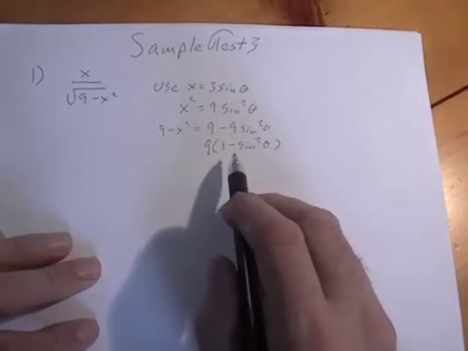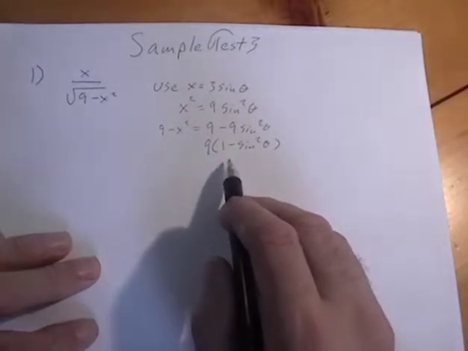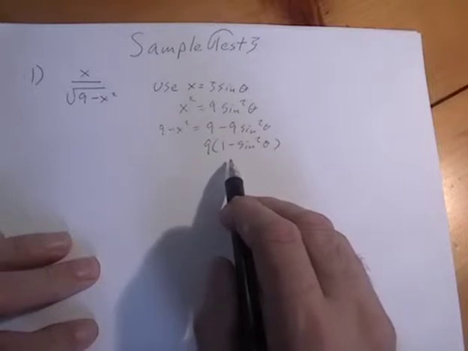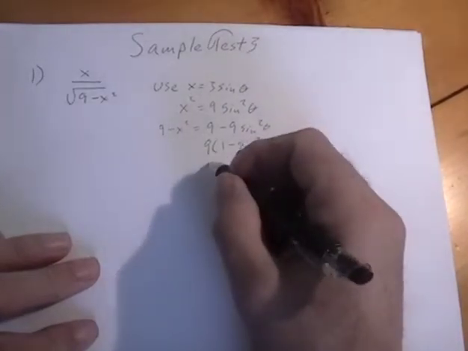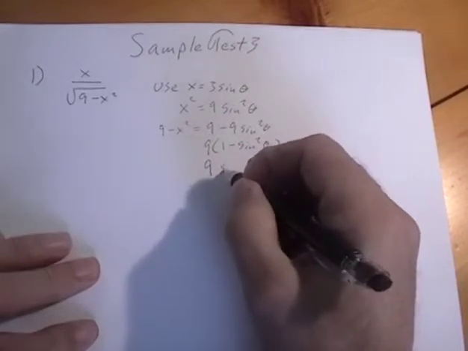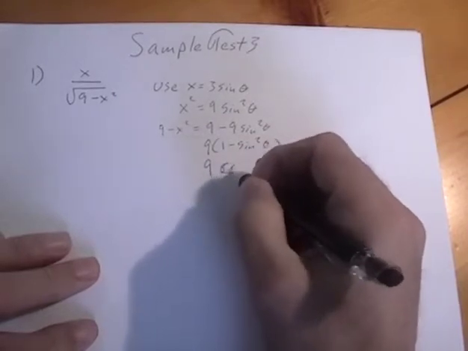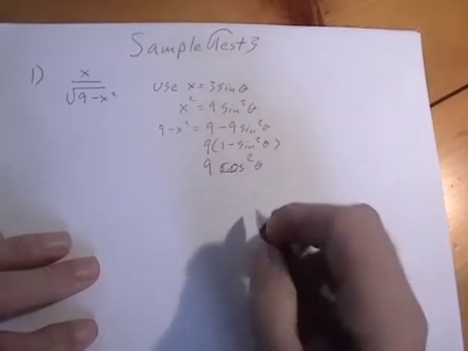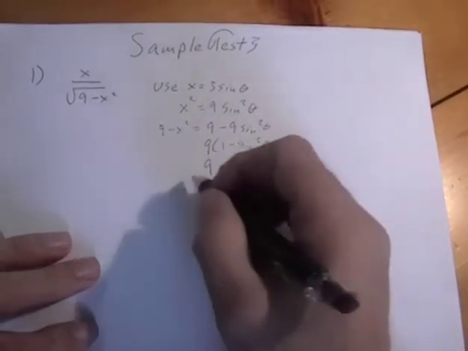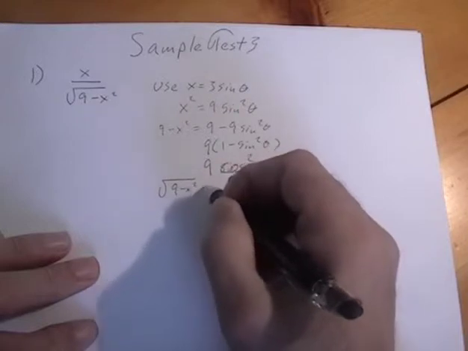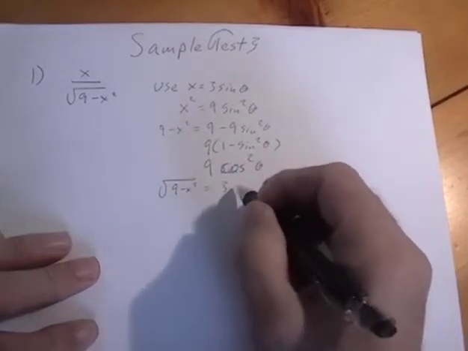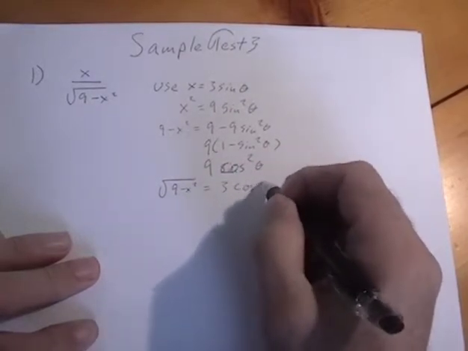At some time, you have to use one of your Pythagorean identities. I know that sine squared plus cosine squared is equal to 1, so 1 minus sine squared is cosine squared. So this is 9 times the cosine squared of theta.